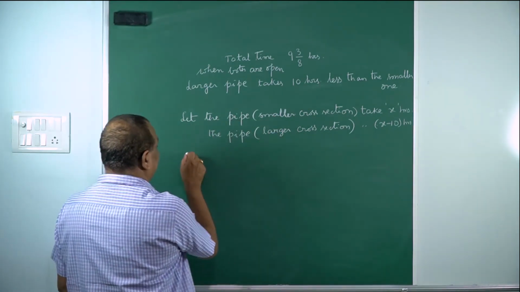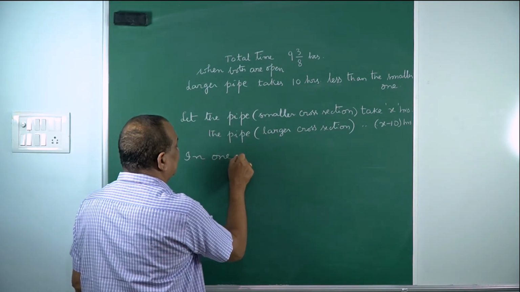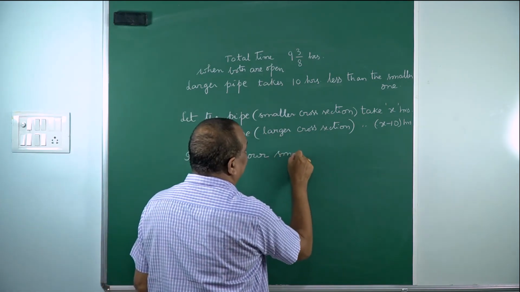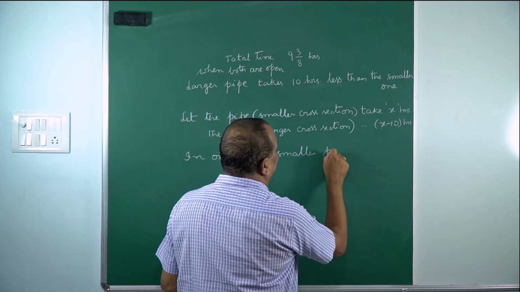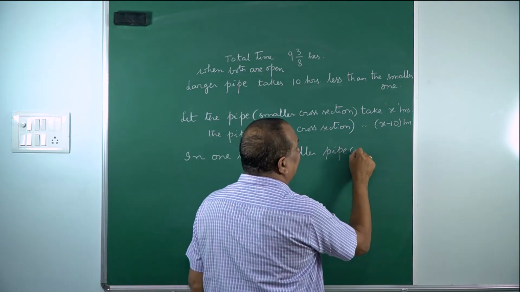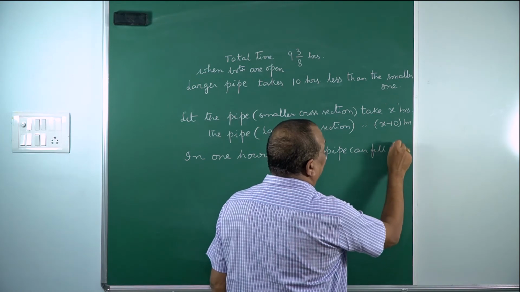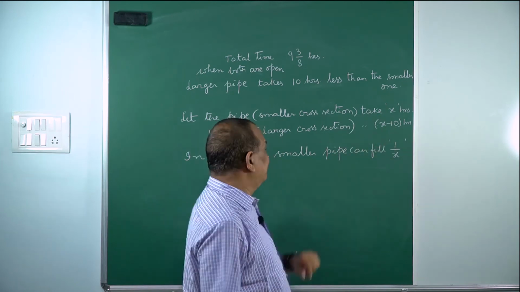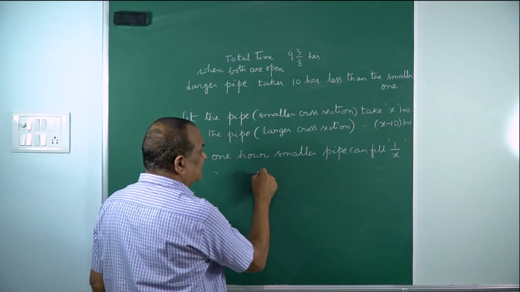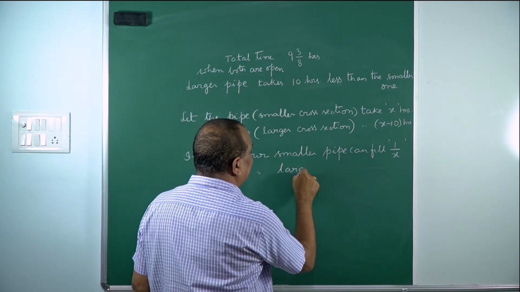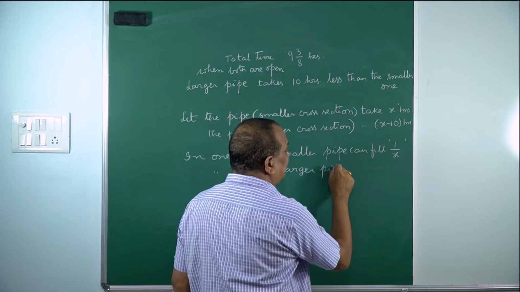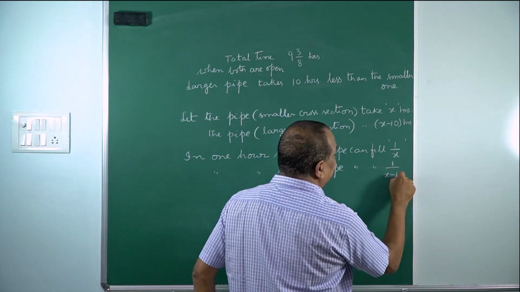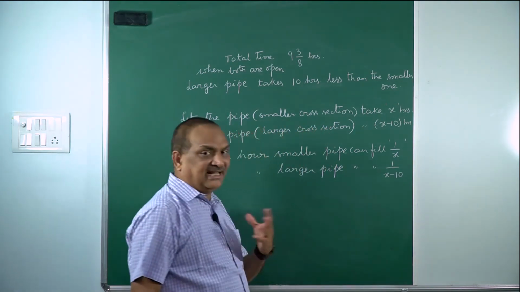Similarly, let us do this one. Okay, in 1 hour, I write smaller pipe can fill 1 by X part, because this is X, this is 1 by X. And in 1 hour, larger pipe can fill 1 by X minus 10th part of the tank.